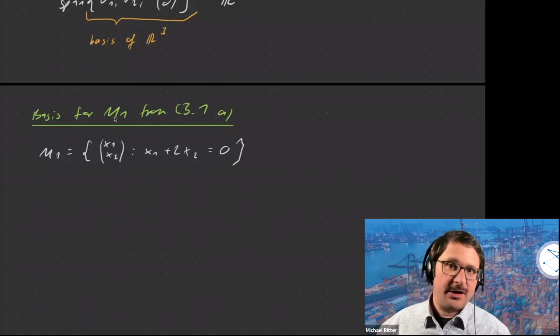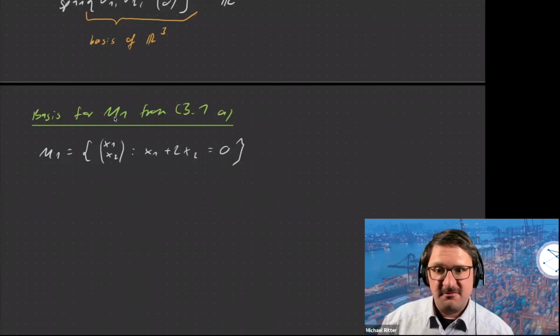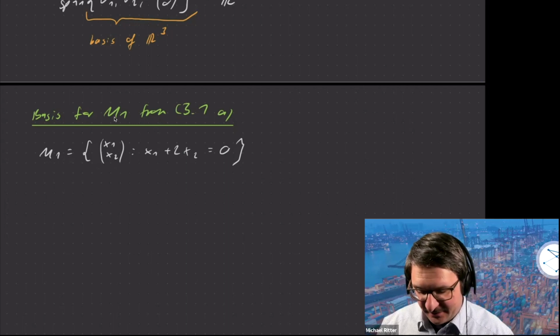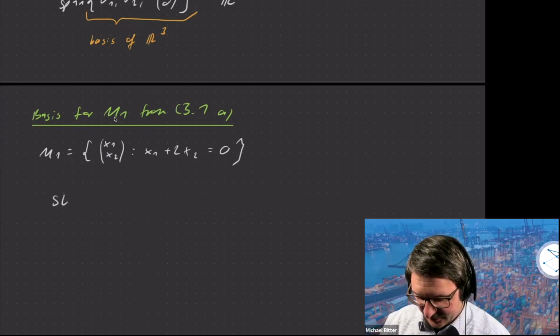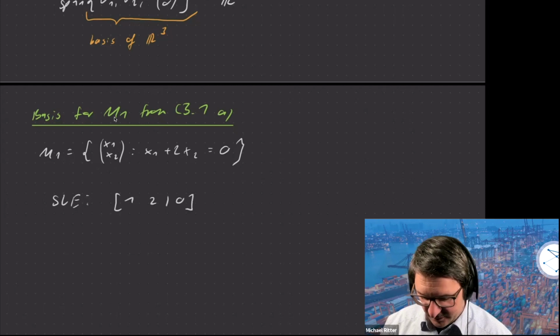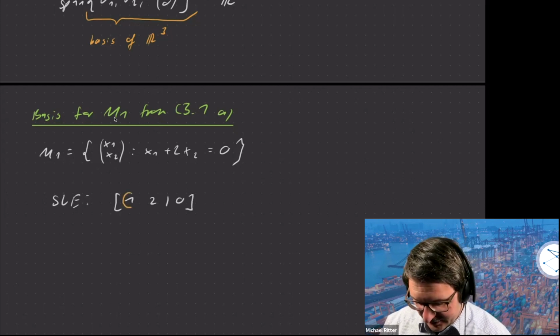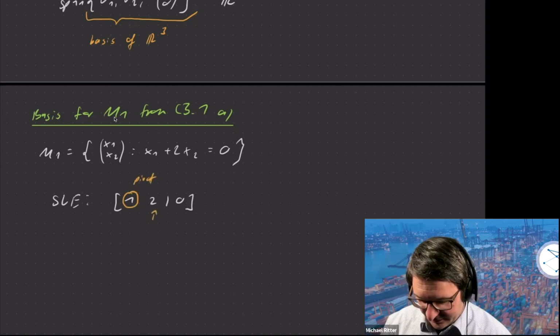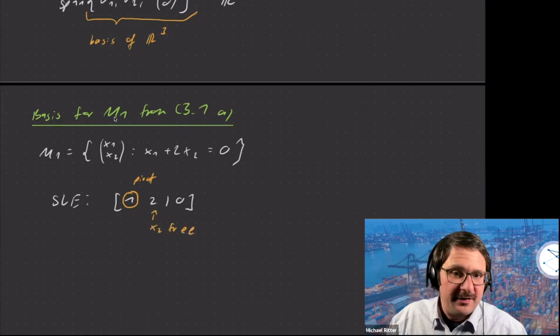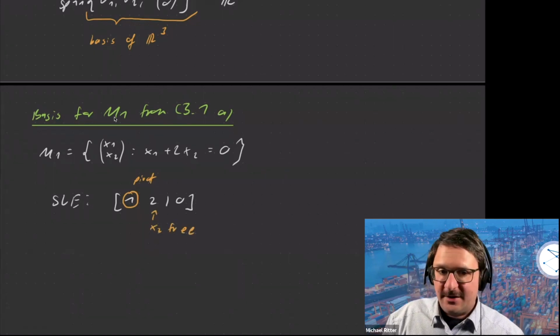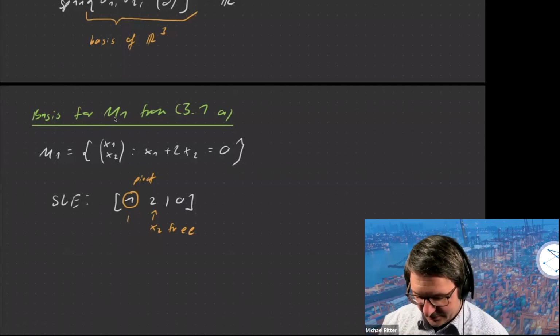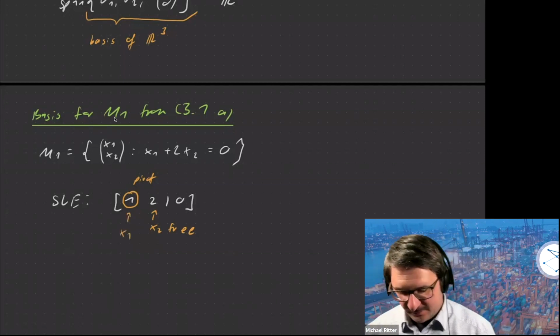In this case we only have one equation, so it already has echelon form necessarily. Written in tableau form, that would be (1, 2 | 0). Here is our pivot element. There's no pivot in the column that corresponds to x2, so that is a free variable, and this pivot corresponds to x1.